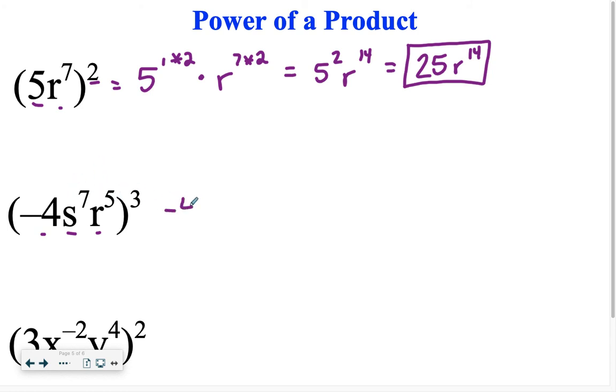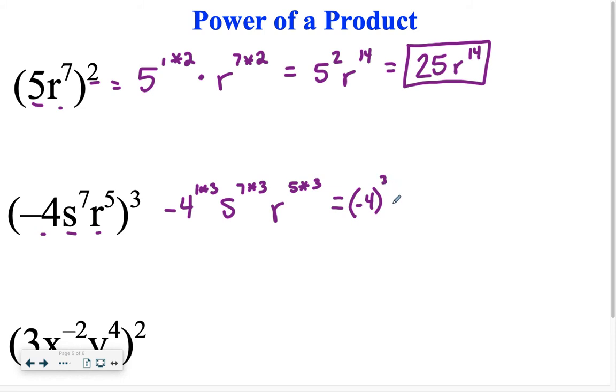I'm going to say -4 to the 1st power times 3, times s to the 7th power times 3, times r to the 5th power times 3. Then I simplify each of those. -4 to the 3rd power. And remember, whenever you type a negative number raised to an exponent, put parentheses around it.